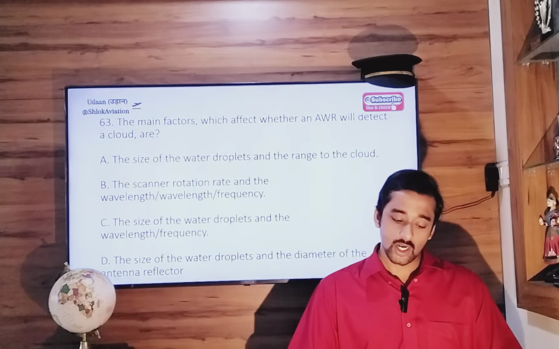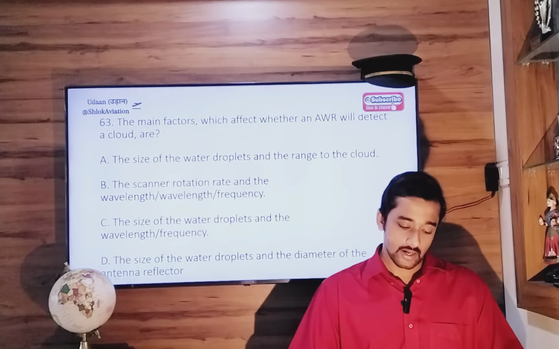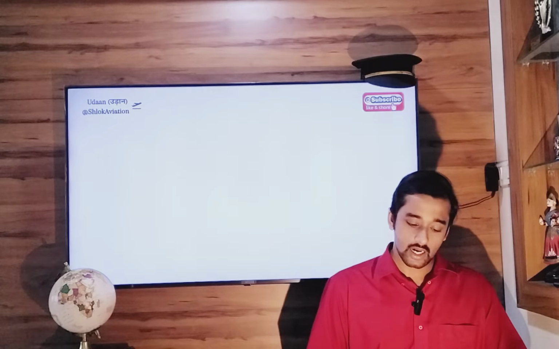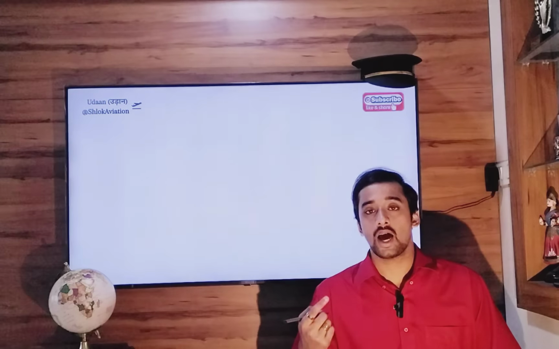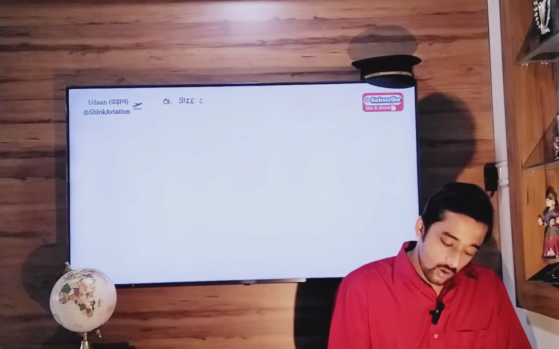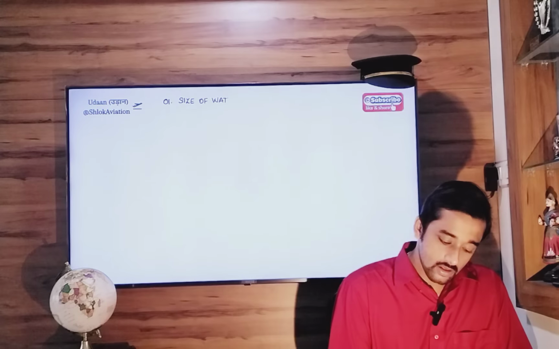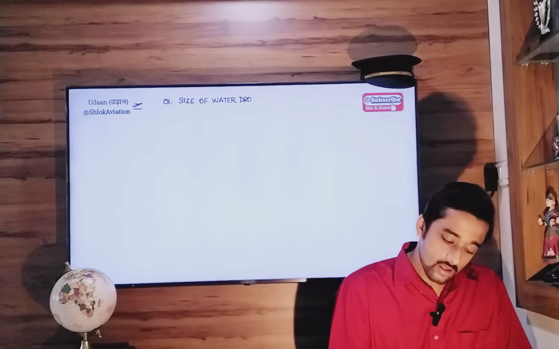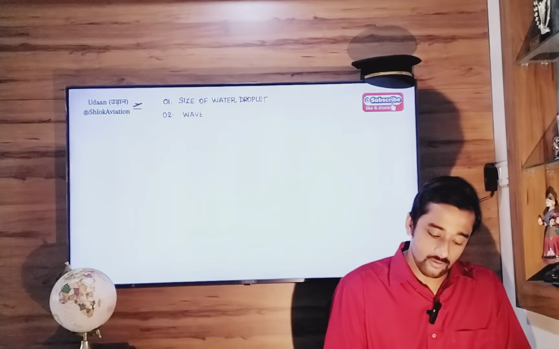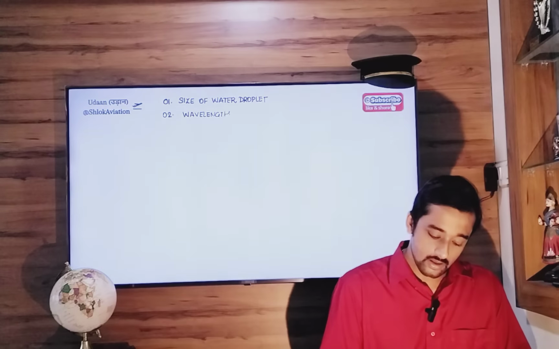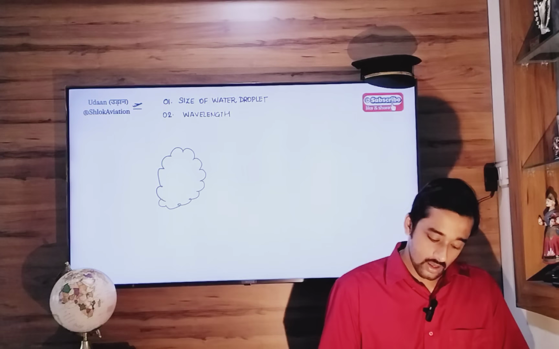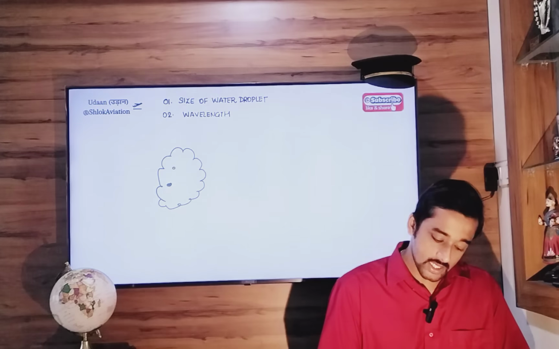63. The main factors which affect whether airborne weather radar will detect a cloud are. So there are two factors which determine whether airborne weather radar will detect a large cloud droplet or not. First is the size of the water droplet. The second is the wavelength of the radar signal. So let's say this is your cloud, and there are large water droplets in this cloud.